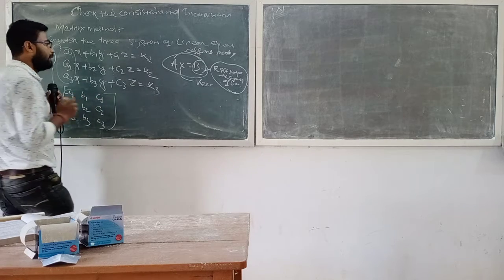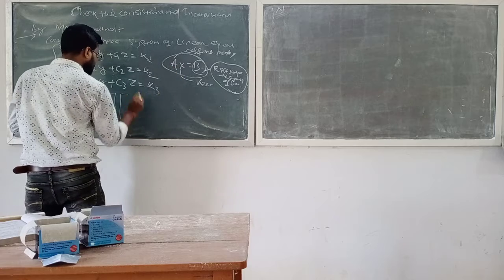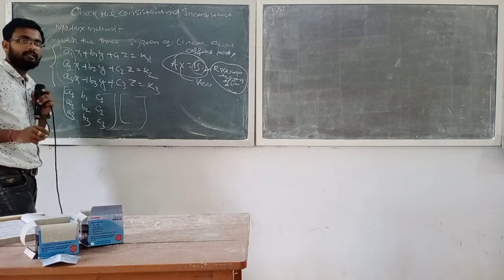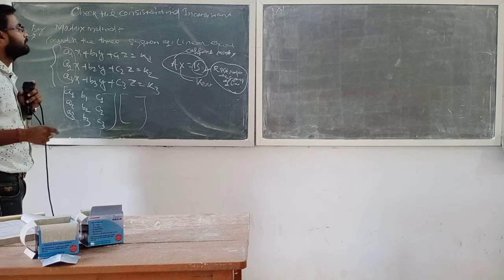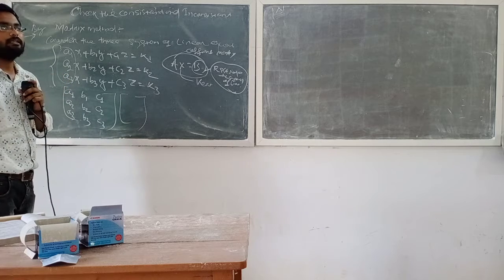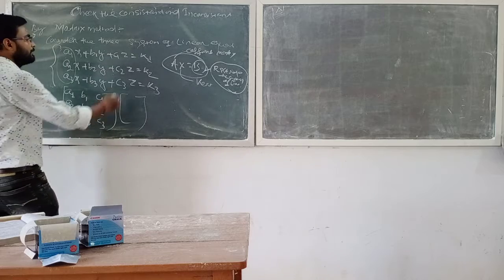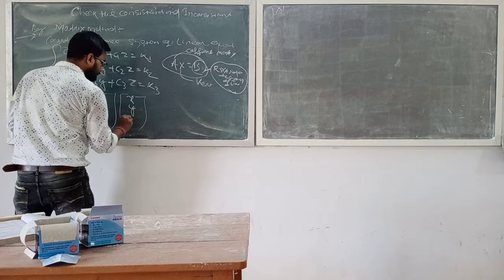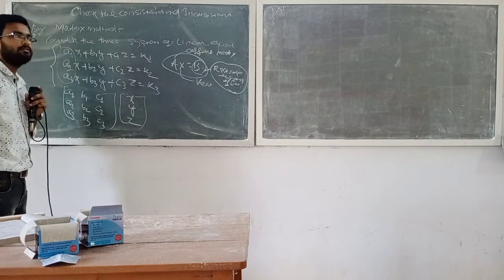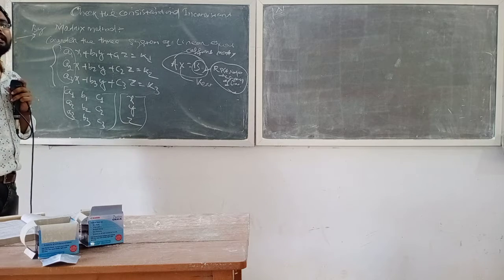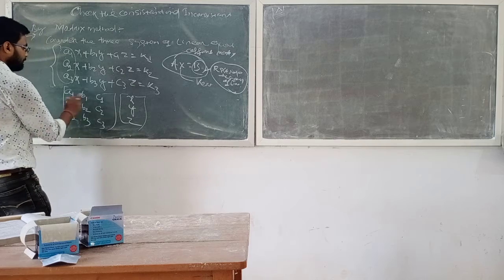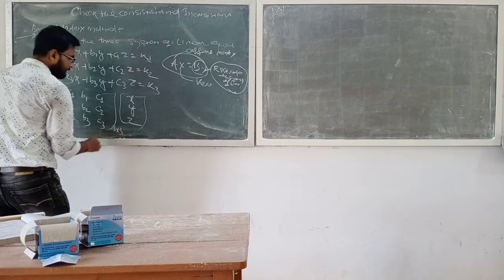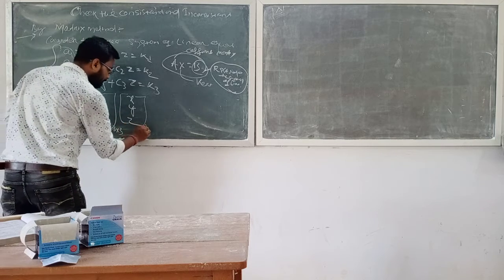Then we multiply by the variables of the system, x, y, z, written as a column matrix. This is a matrix of order 3 by 3 and this is a matrix of order 3 by 1.